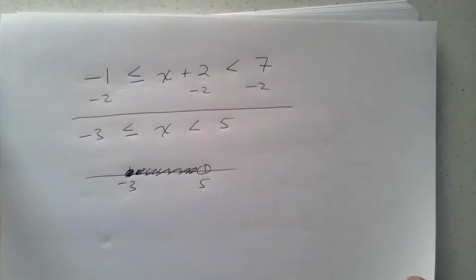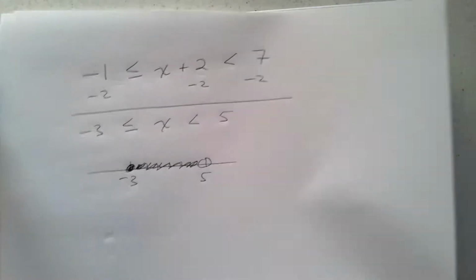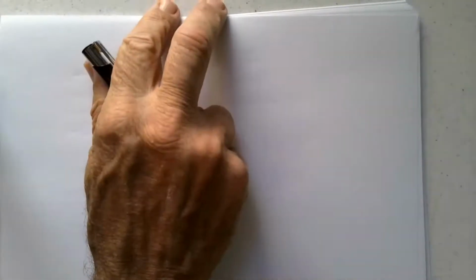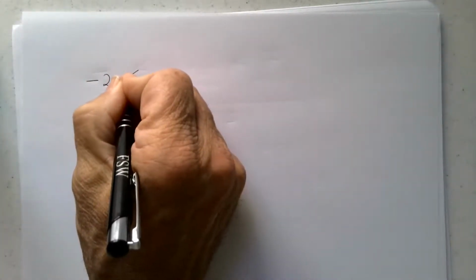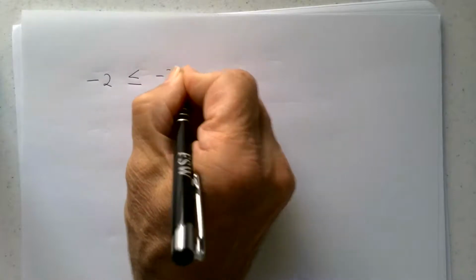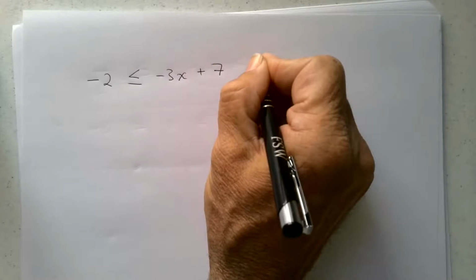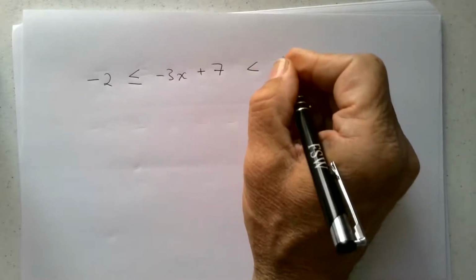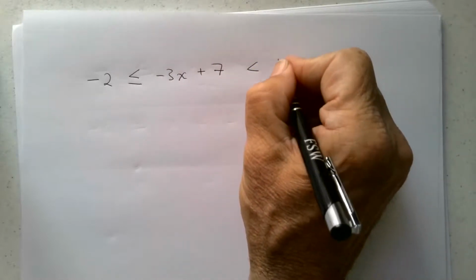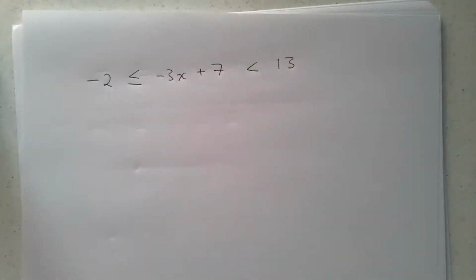I will do the textbook method for one that's going to be more challenging. So if I say -2 is less than or equal to -3x plus 7 is less than 13.